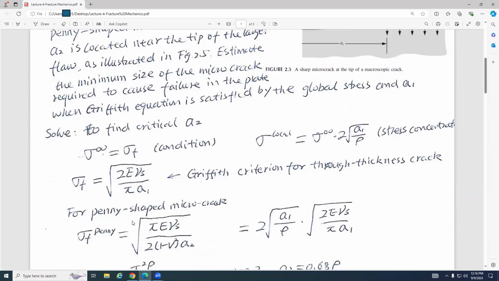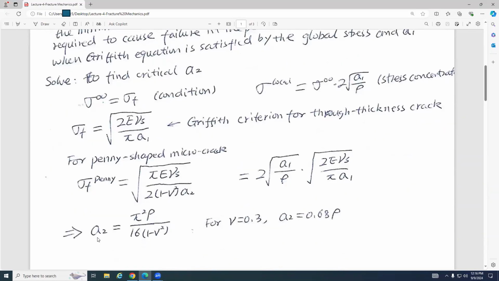I just let these two equal each other, and then I can calculate a2 here. You can see a2 is related to Poisson's ratio, and this rho is the curvature of the bigger through hole crack. Do you have a sense, guys?